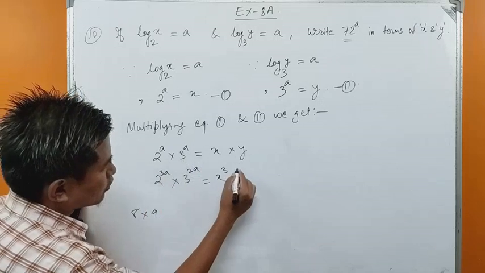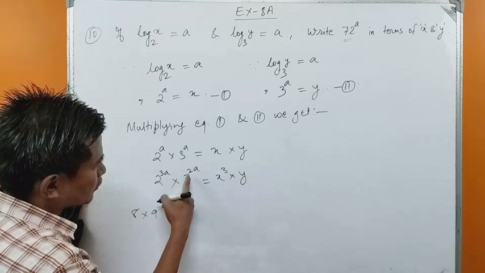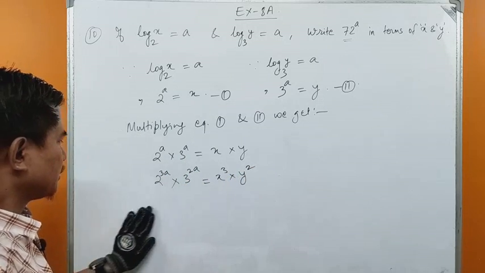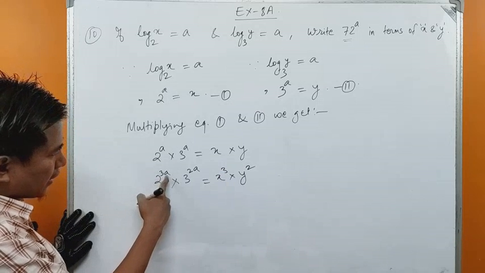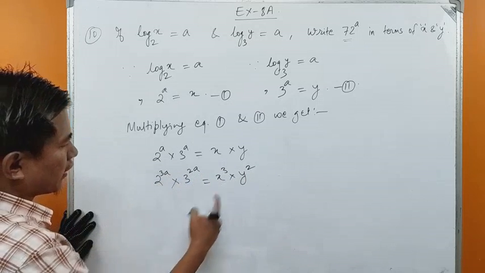So here we have y, and since I have squared this 3, we must square this also. So 2 cubed a into 3 squared a equals x cubed into y squared.